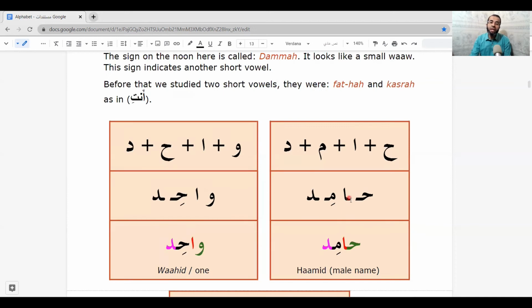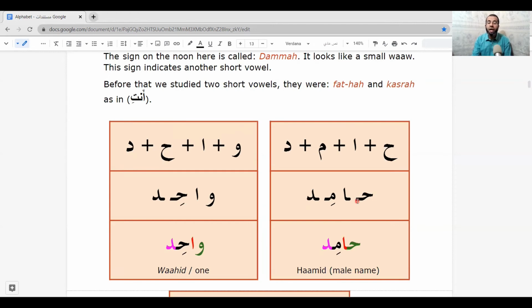So here if you say Hamid, no, this is wrong. Hamid is another word, not this one. Because here, mim has a short vowel, which is kasra. So we just say mi. And here if you say Hami, it will be wrong. Because ha is followed by a long vowel.